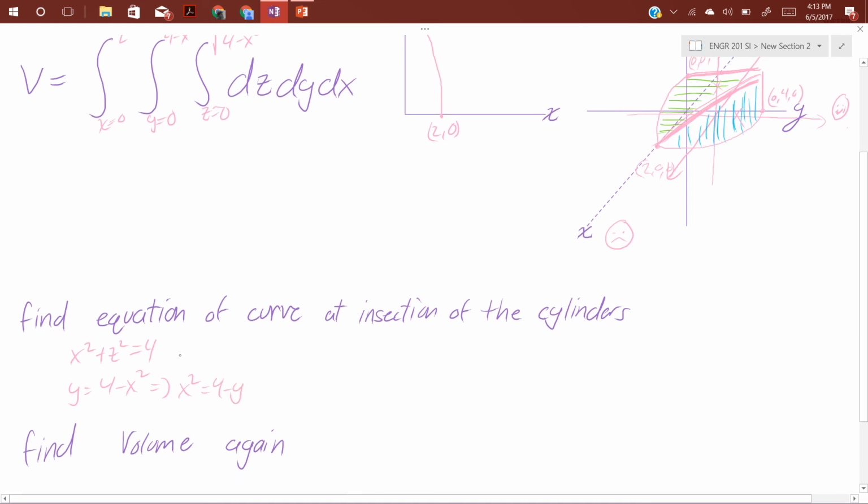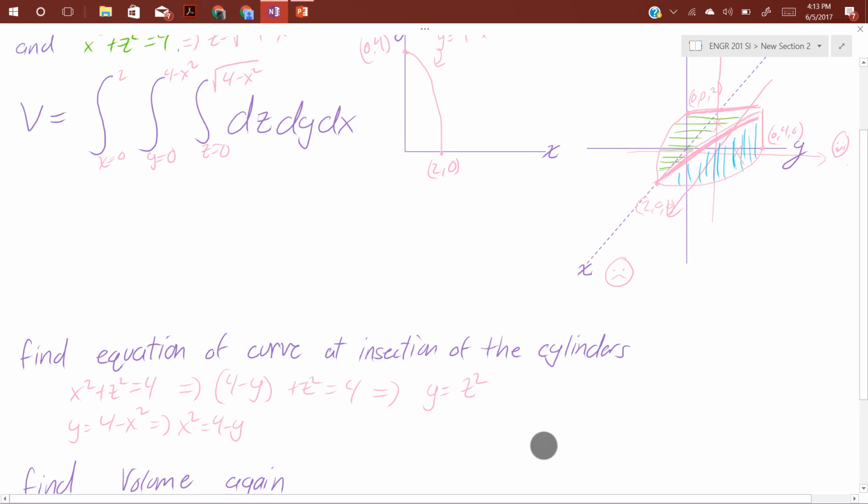I want to substitute it into the top one. So then I have 4 minus y plus z squared equals 4. So this implies, and you can cancel out the 4s on both sides, and I move the y over, that the boundary is y equal to z squared.